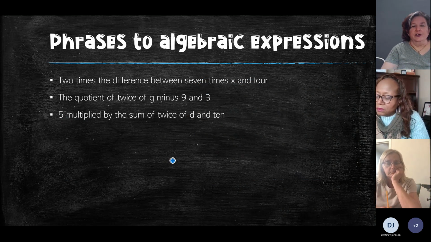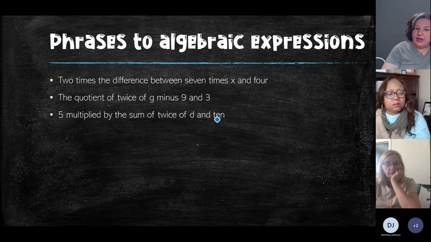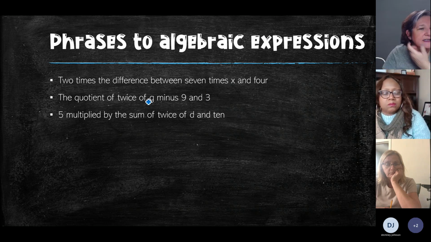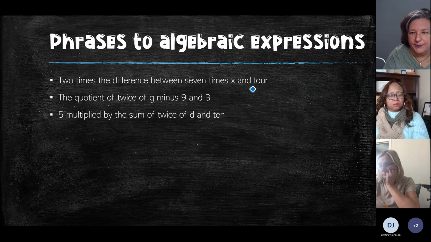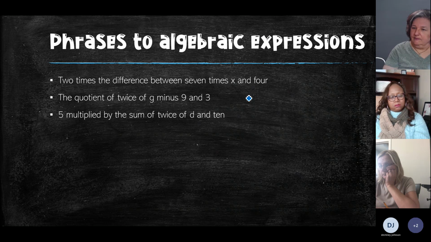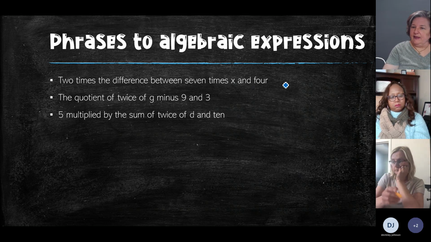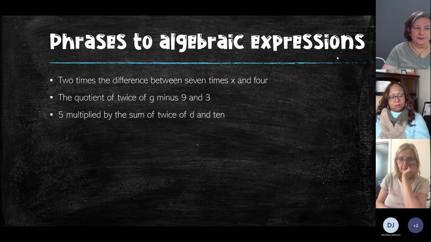So when we are doing word problems, one of the challenges is figuring out what the words mean. So if you have a phrase like 2 times the difference between 7 times x and 4, now that's going to take some work.